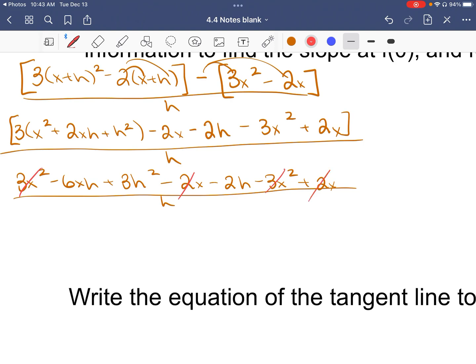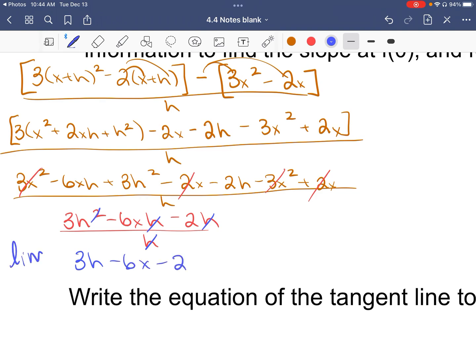And that looks like that should be okay because every term we have left has an h in it, and that's something we're looking for. So 3h squared plus 6xh minus 2h all over h. Either take out your common factor, or we can just start to reduce our h's. So 3h plus 6x minus 2.